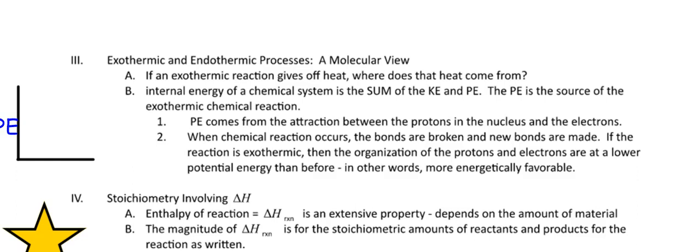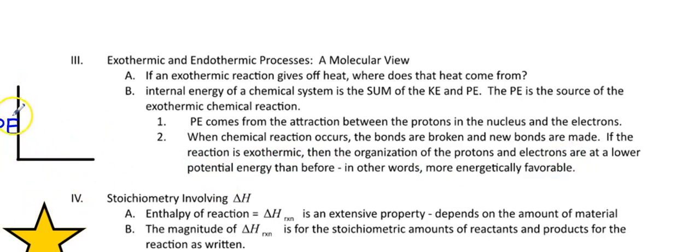The potential energy, star this, underline this, comes from the attraction between the protons in the nucleus and the electrons. When a chemical reaction occurs, the bonds are broken and new bonds are made. If the reaction is exothermic, then the organization of the protons and electrons is at a lower potential energy than before. In other words, it's more energetically favorable.